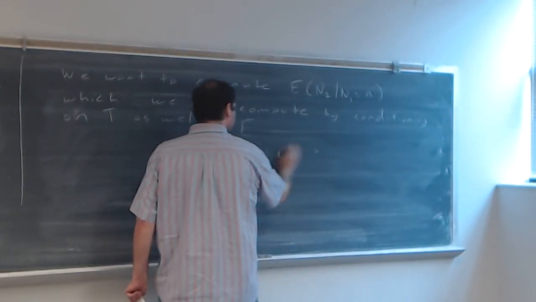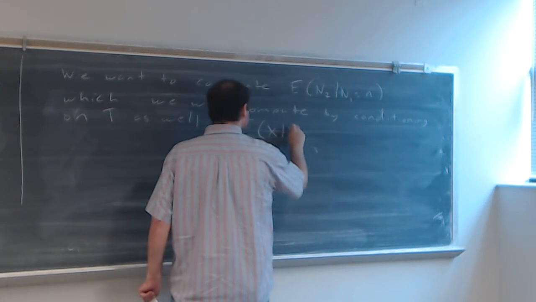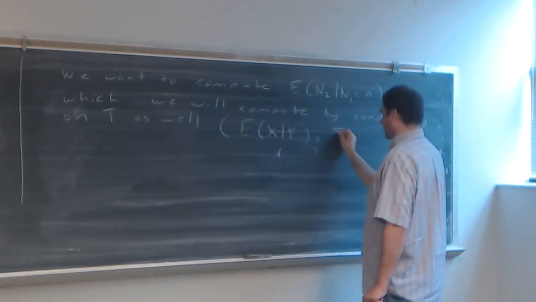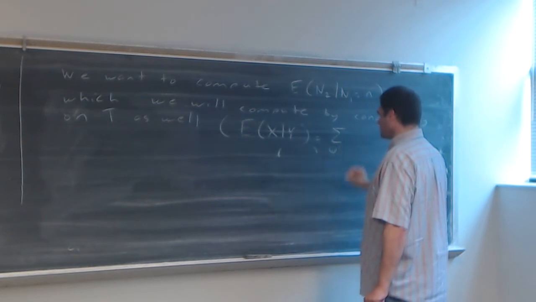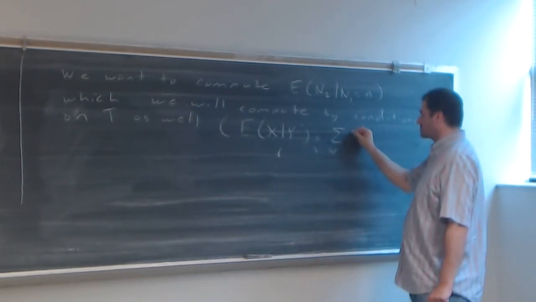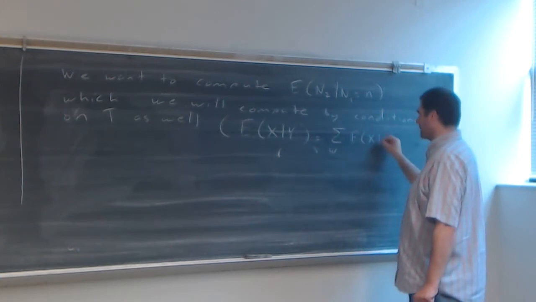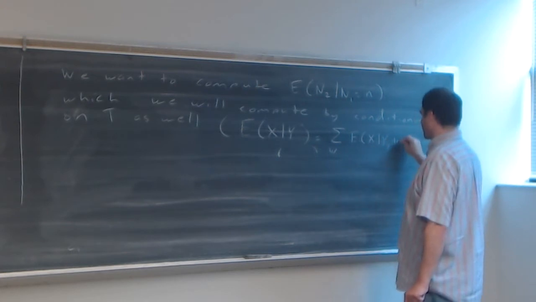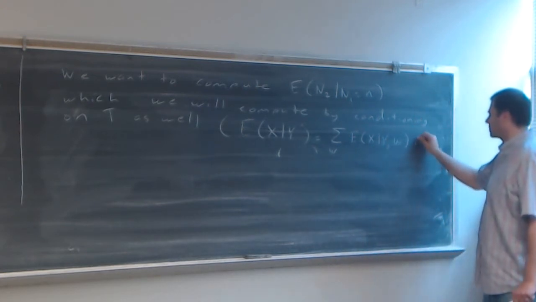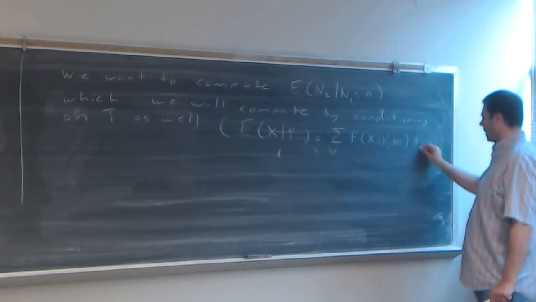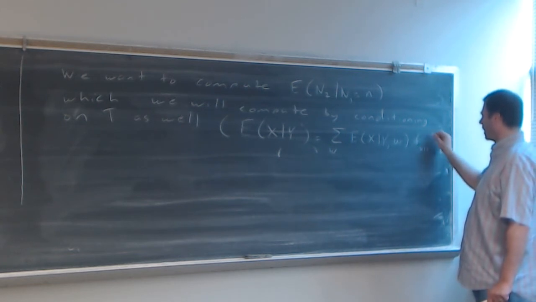The formula is that the expected value of X given Y is, in the discrete case, the sum over all w's of the expected value of X given Y and W times f of w given y.